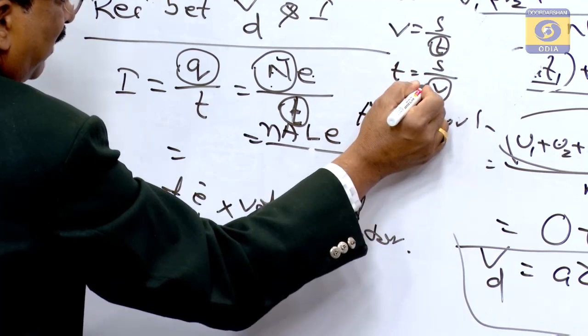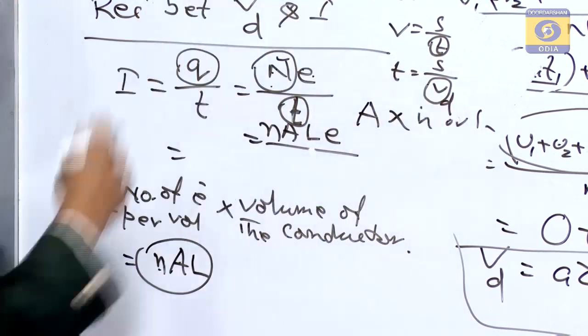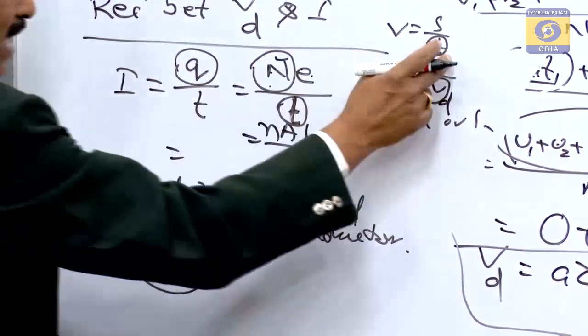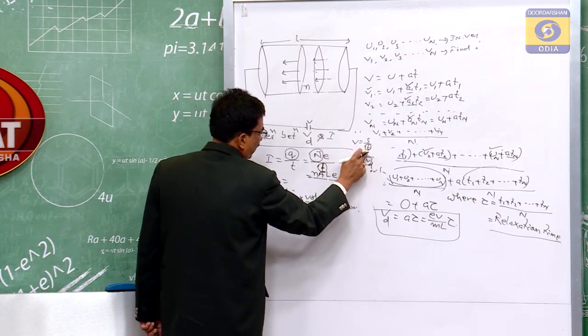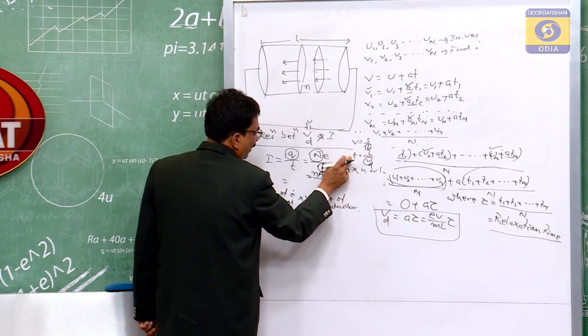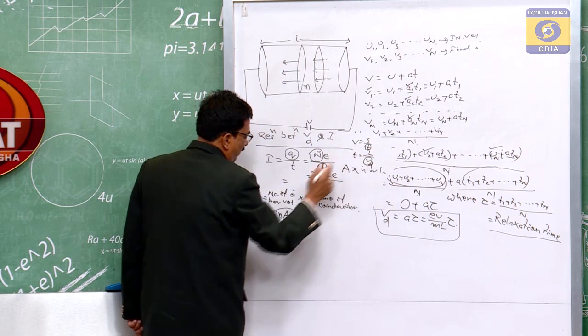This V is the velocity, here the drift velocity Vd, and S means the distance, and the distance covered is equal to L. So the value of capital T is equal to L by Vd.